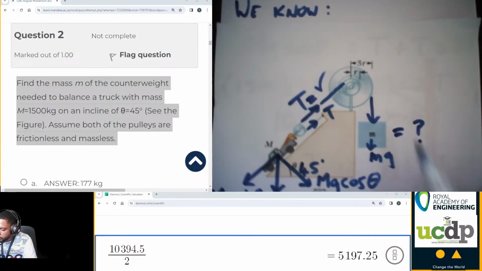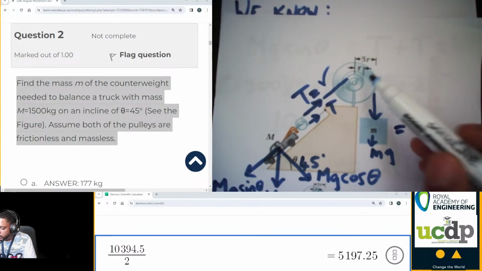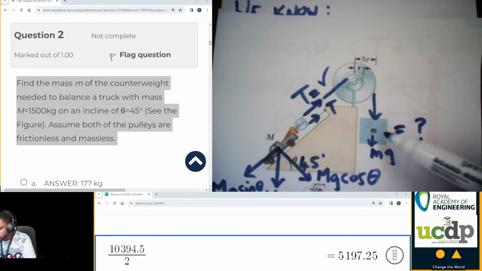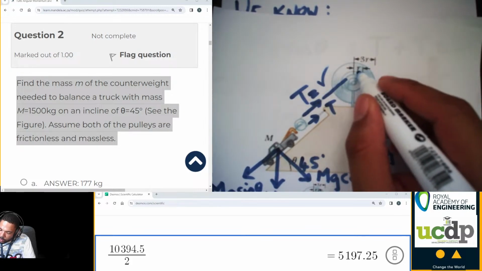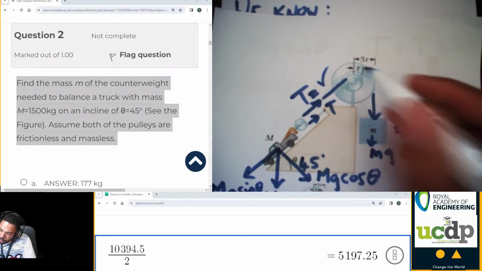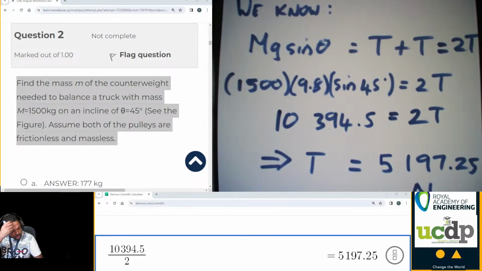Then there's a force on that side as well, acting at a radius of small r, just 1r.